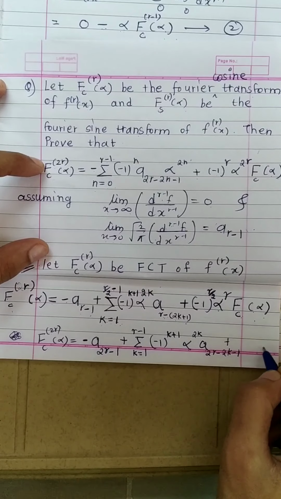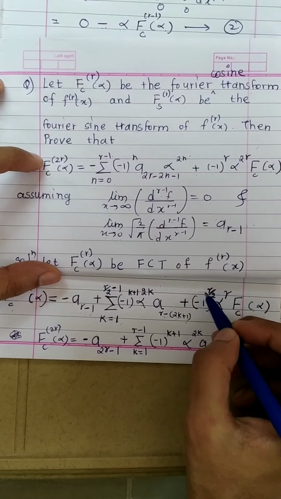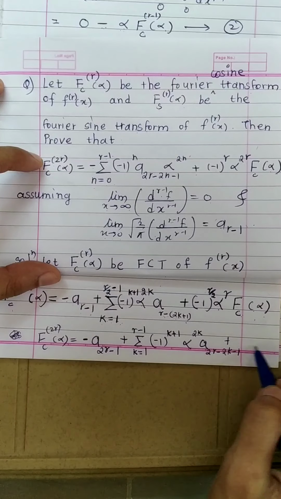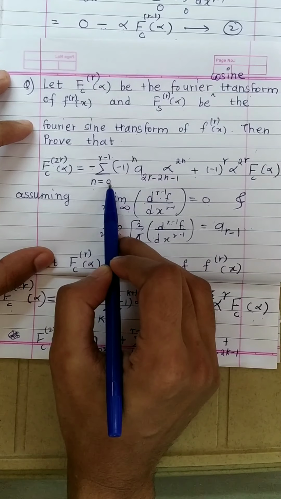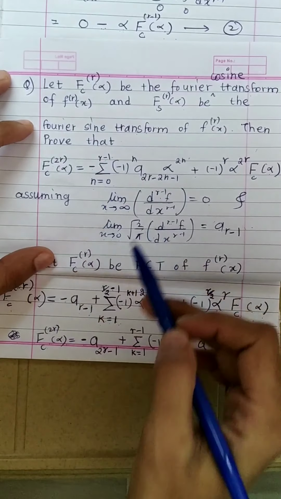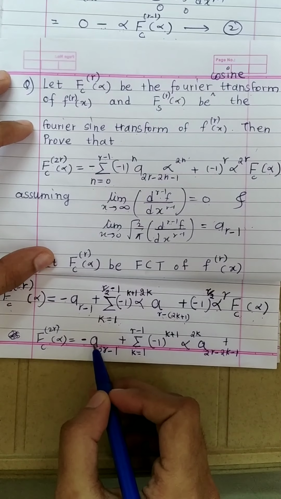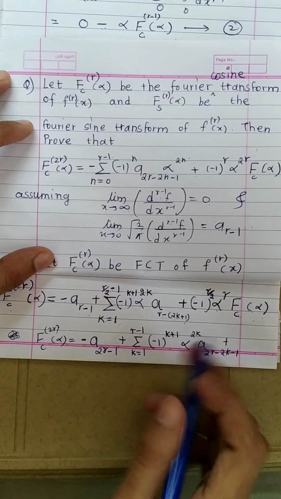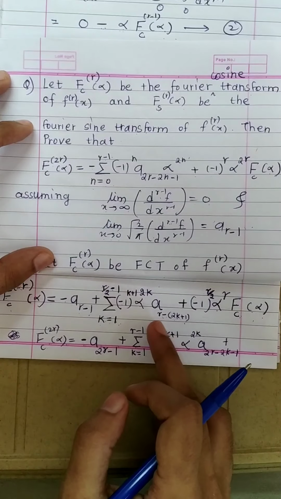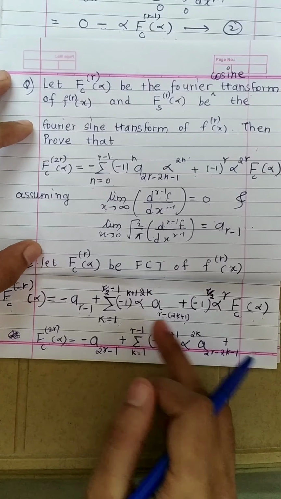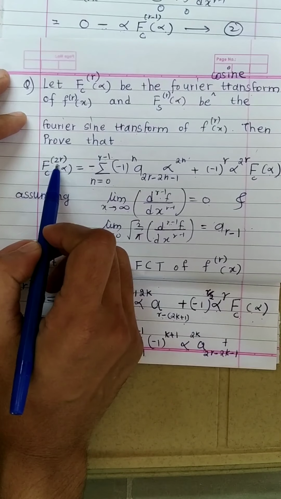I have not written it down here, but if you write it properly with 2r replaced by 2r, you get the expression, and it is from n going from 0 to r minus 1. I have used the variable as k going from 1 to r minus 1, but if you combine this term inside, then you can easily write this in this form, that is k going from 0 to r minus 1.